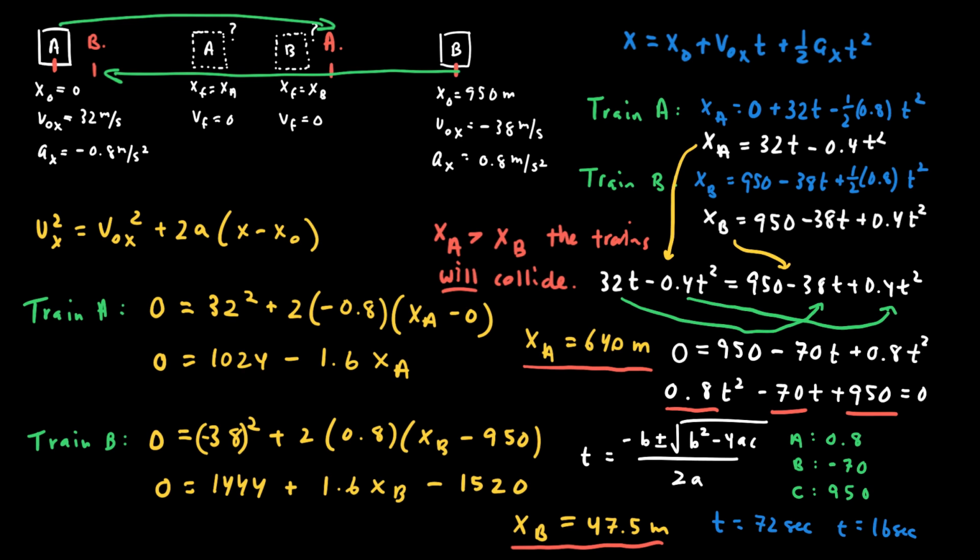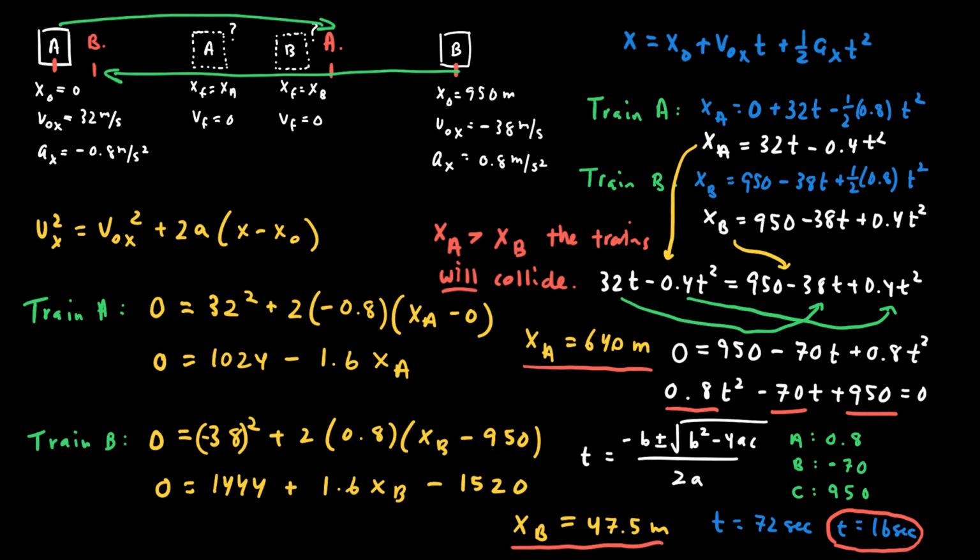Whenever you're solving a problem like this, the correct time, the time that you want, is the smaller time, t equals 16 seconds. Because the answers to this quadratic equation are times when the positions of the two trains are equal. And so t equals 16 is the smallest time, which means that would be the instant where they collide.